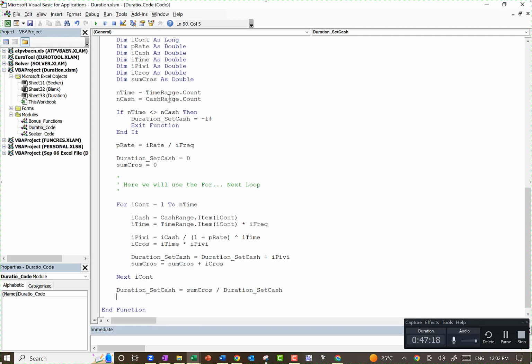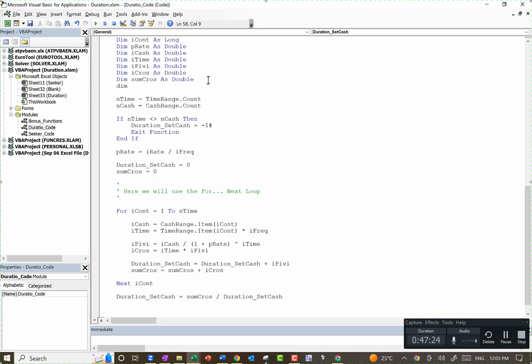Actually, I'm going to be kind of more explicit about it. Let's make this MacDura.